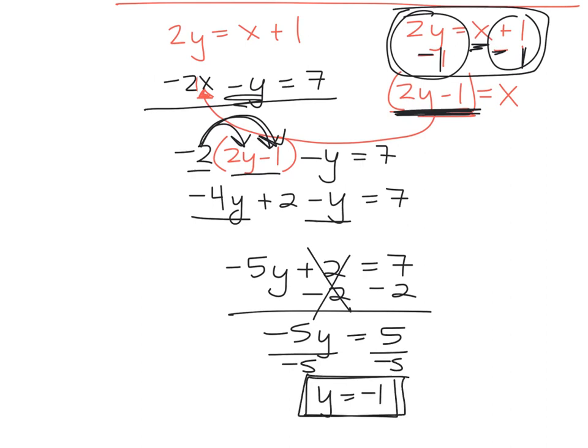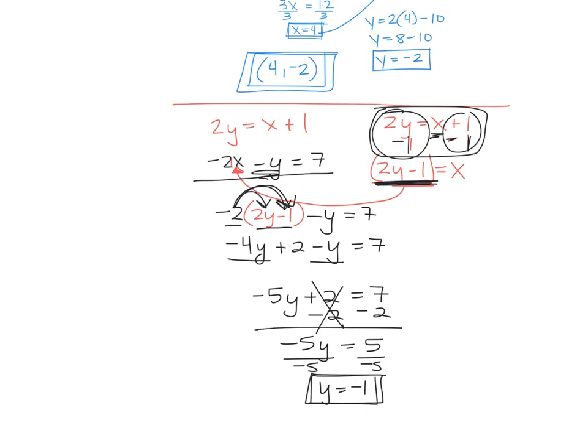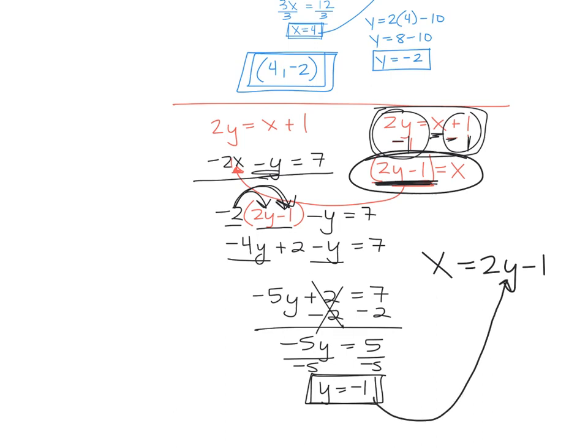Okay? Now go back to where we started. We solved so that x equals 2y minus 1, right? I would take that negative 1 and put it in place of my y. So it's going to be x equals 2 times negative 1 minus 1.